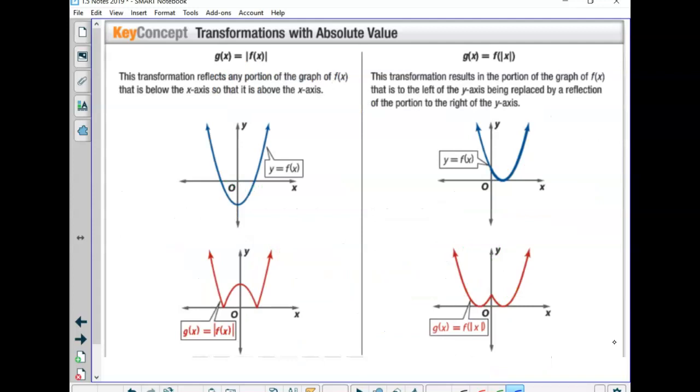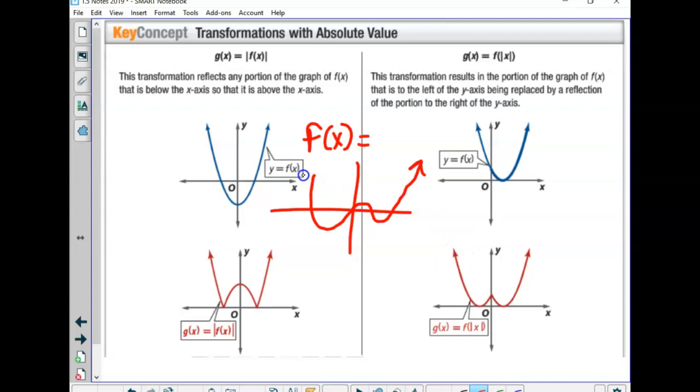Okay. The last one we need to talk about before we move to the other worksheet is the absolute value. Now, I'm not talking about just f of x equals absolute value of x, okay? I'm talking about when they give us some crazy function, like this is our f of x, and it looks like this.